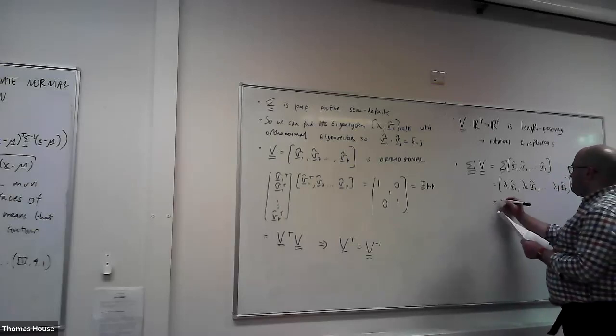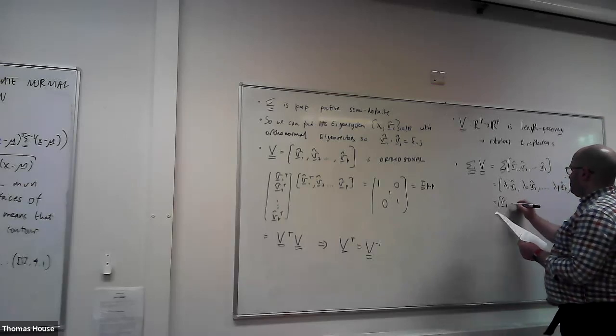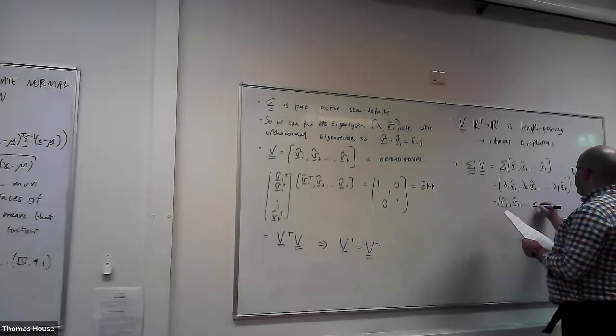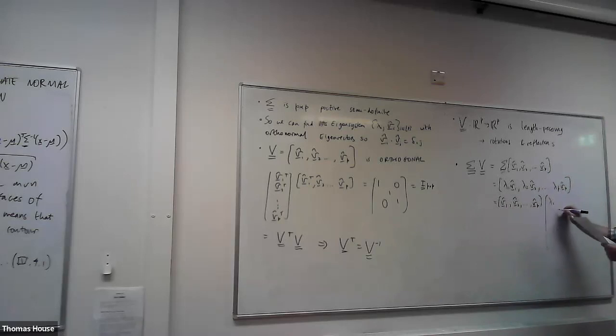And that's going to equal this times the diagonal matrix with lambda 1, lambda 2 to lambda p and zeros elsewhere. We think about how that works.